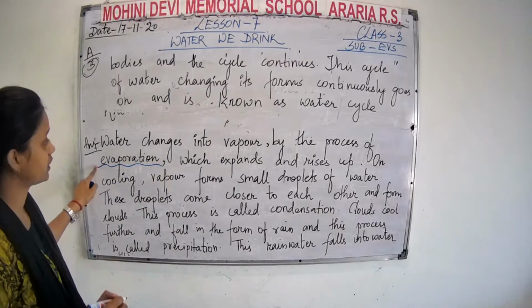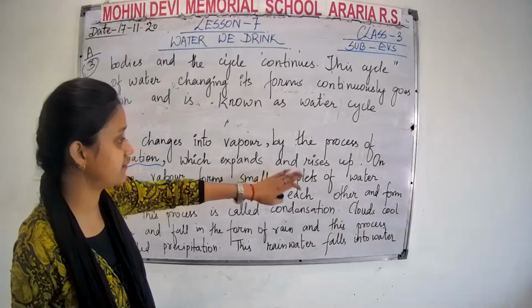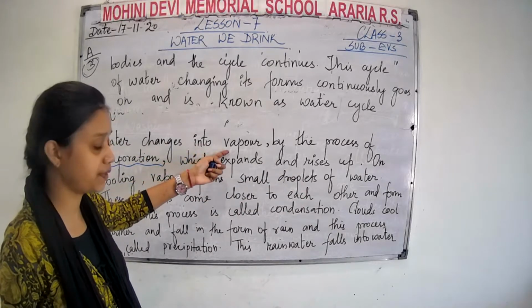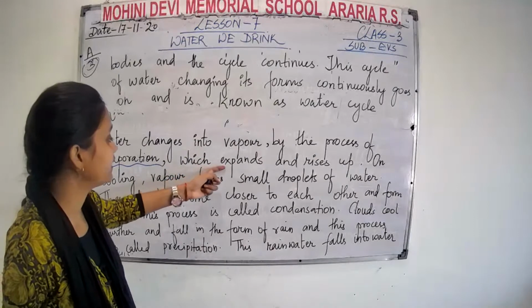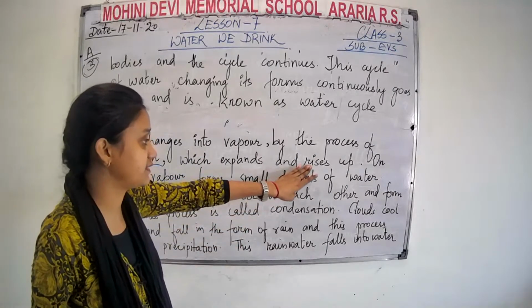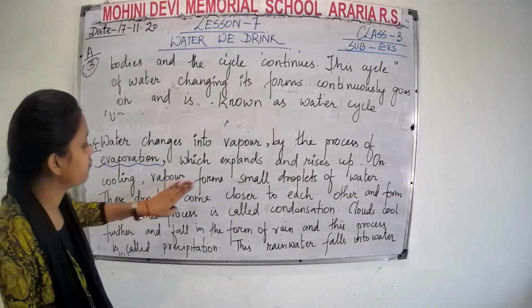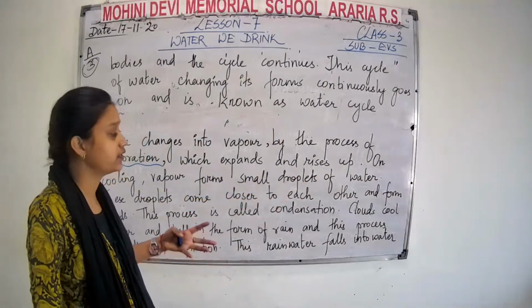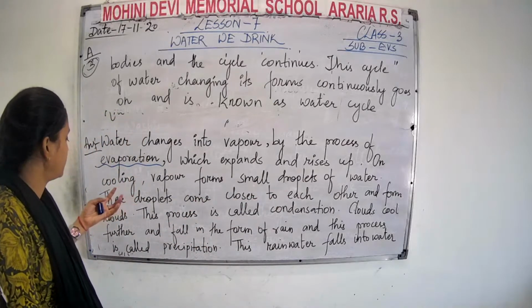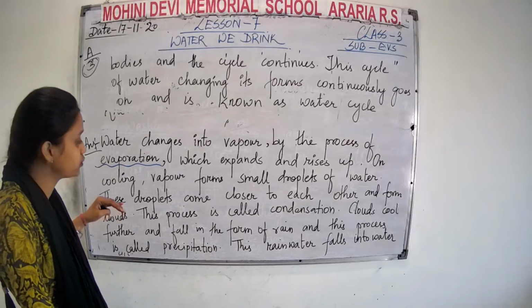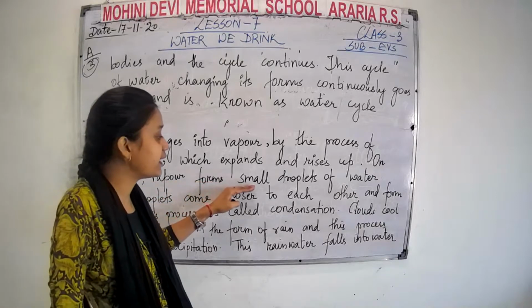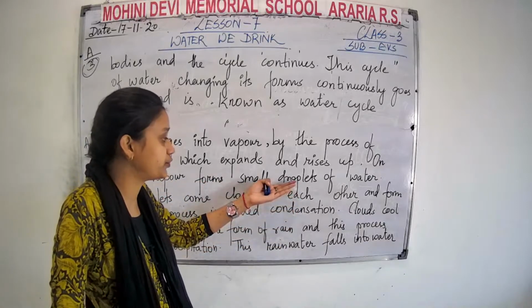Which expands and rises up. When the water changes into vapor, it becomes very light, so the particles expand and rise up. On cooling, vapor forms small droplets. As we know, when the vapor rises up, it meets cooler air and also becomes cool. So when the vapor cools down, again it changes into water droplets.